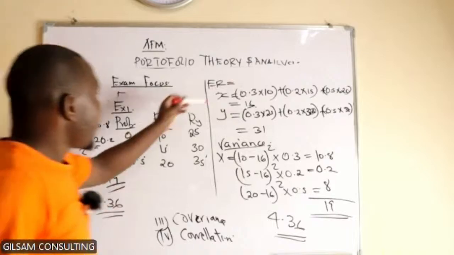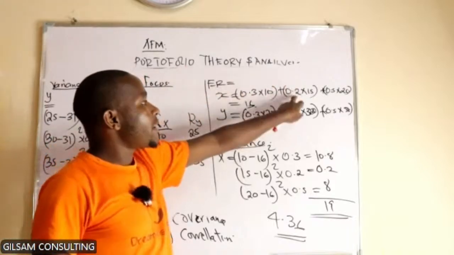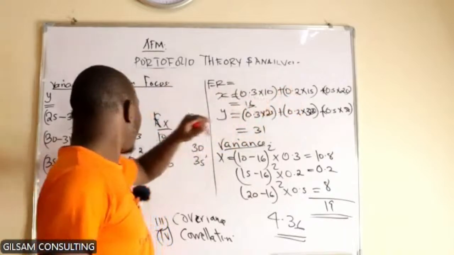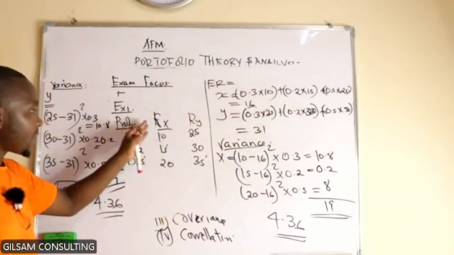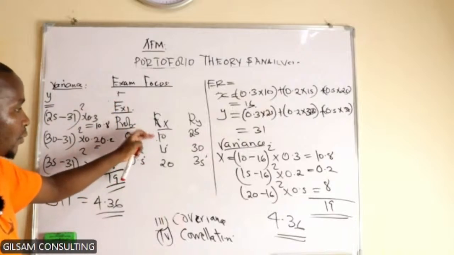We have said expected return: you take the returns times the probability, and you add. Also for project X, with the states of nature, you do 1, 2, 3.